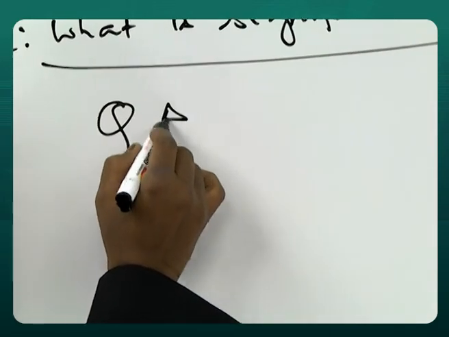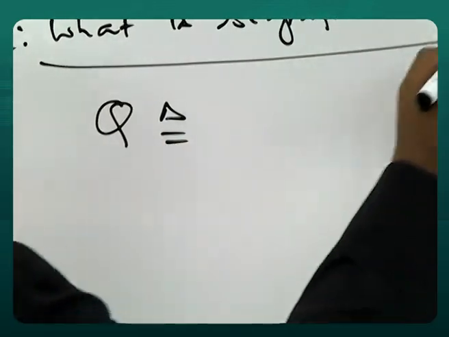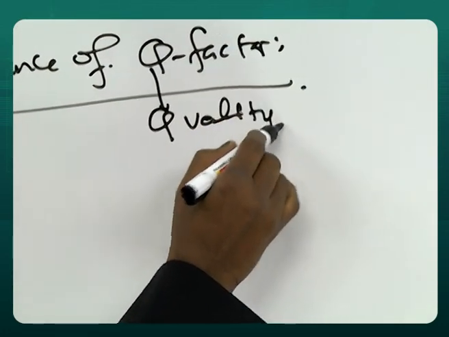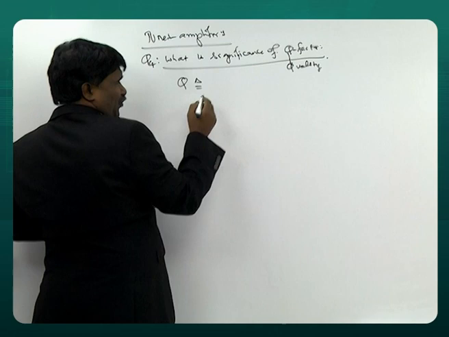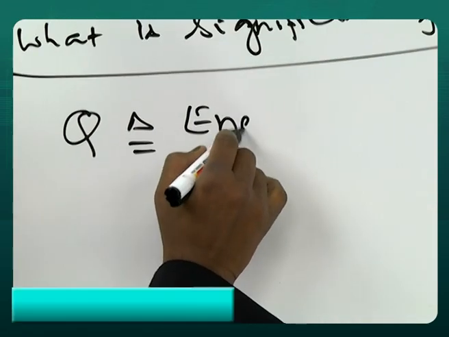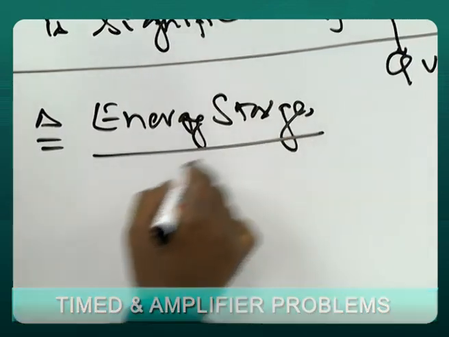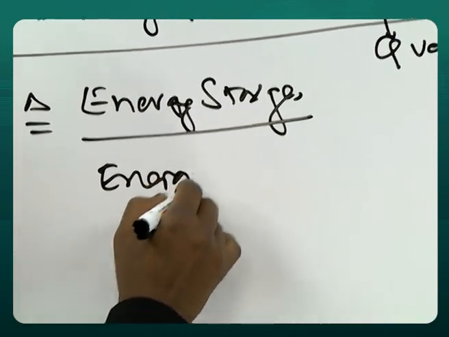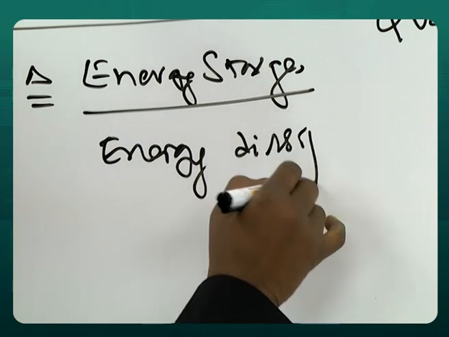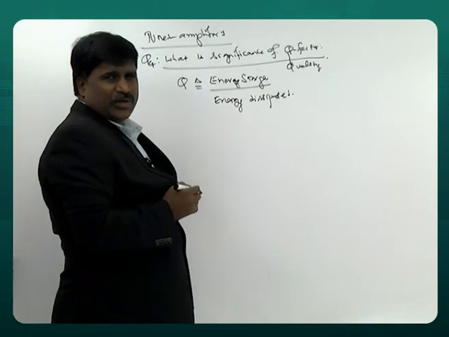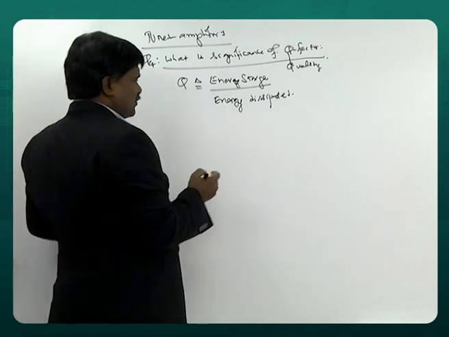Quality factor is defined as Q, and Q means quality. Q factor is defined as energy storage by energy dissipated. Energy stored by energy dissipated per cycle.